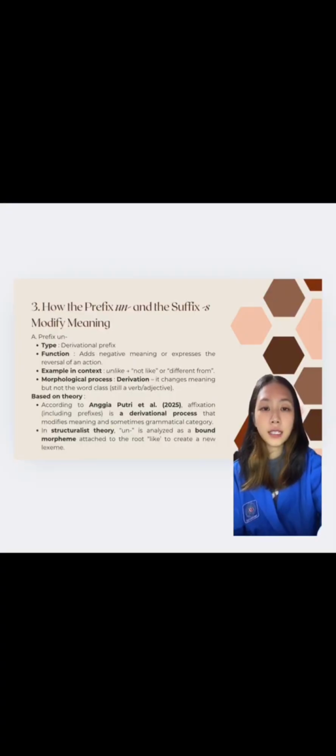Okay, for the next slide is how the prefix un and the suffix s modify meaning. I will explain it for point about this. The prefix "un" performs a derivational function.